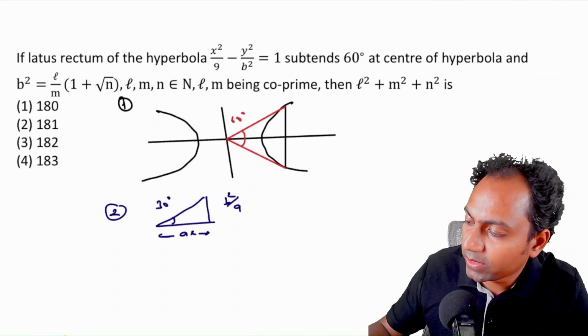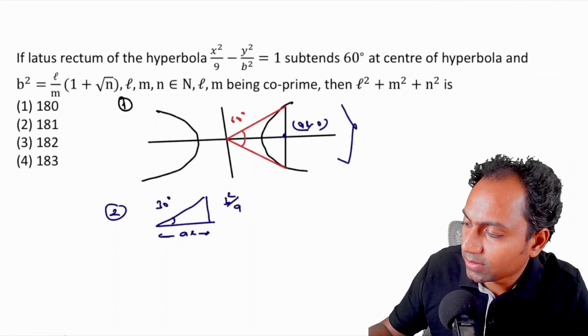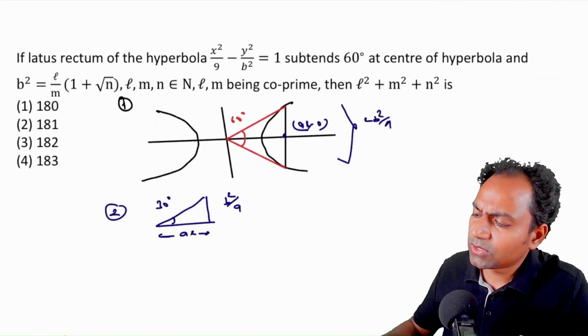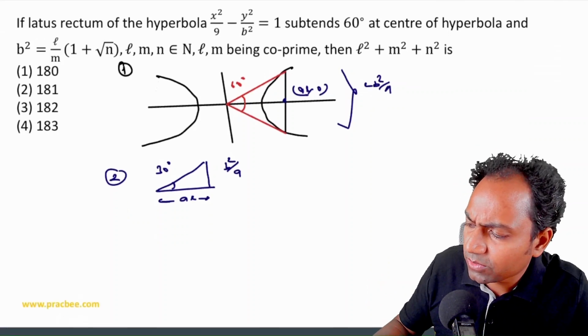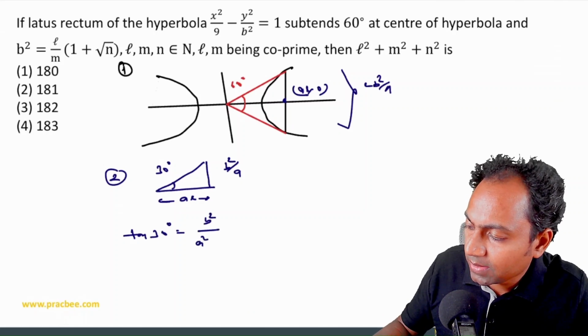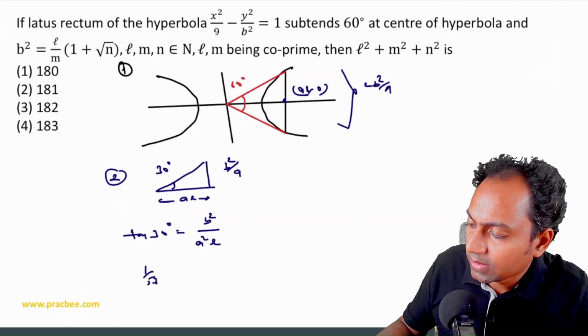So this point is nothing but (ae, 0). And this whole length is 2b square by a. That is the reason half came out to be b square by a. Once you have got this, it is an extremely simple question, because what you need to do is apply the formula of tan 30 degrees. So it becomes b square by a square e. This comes out to be 1 by root 3. e I can take on the right hand side, b square by a square.